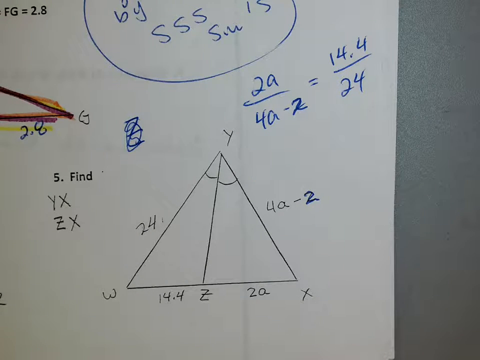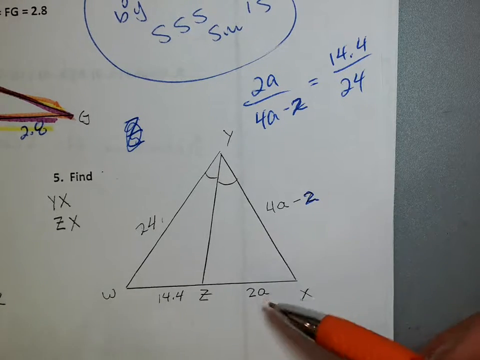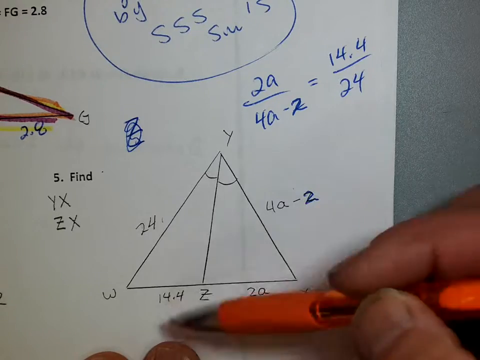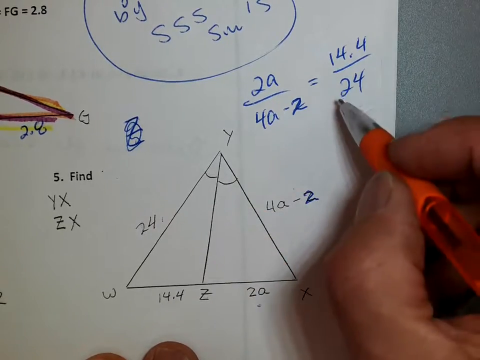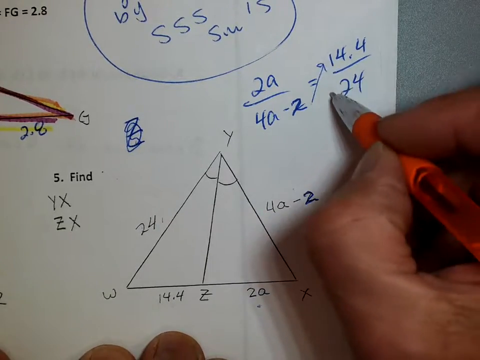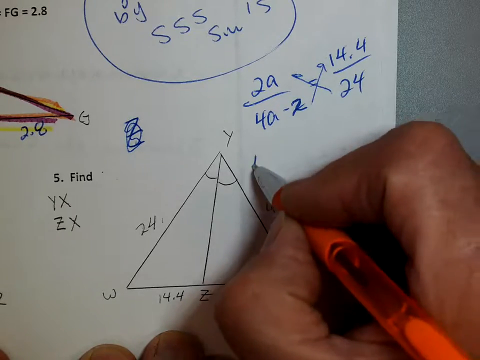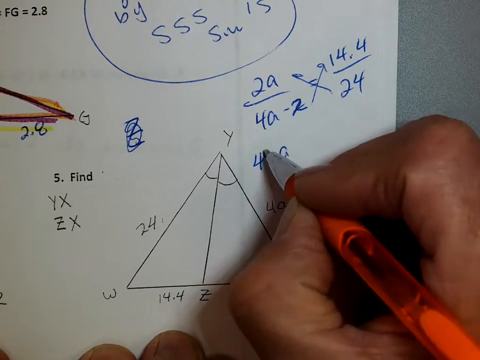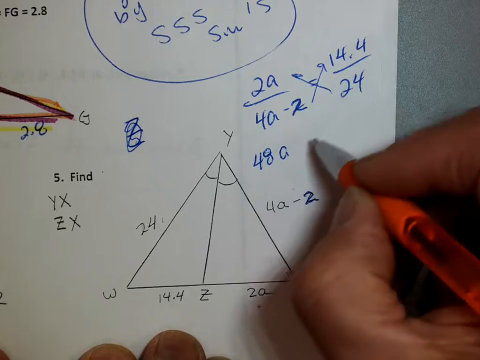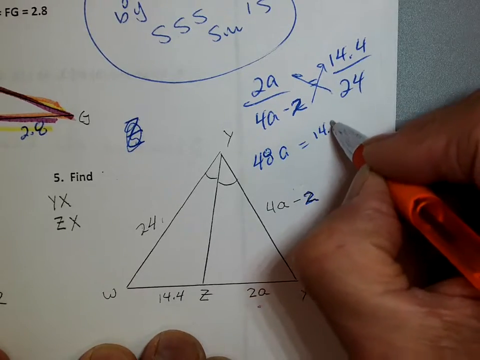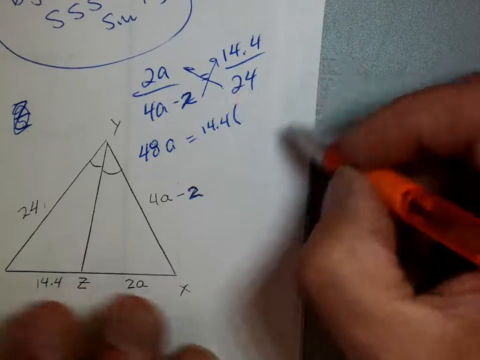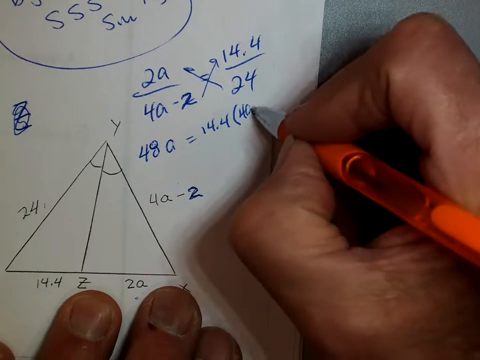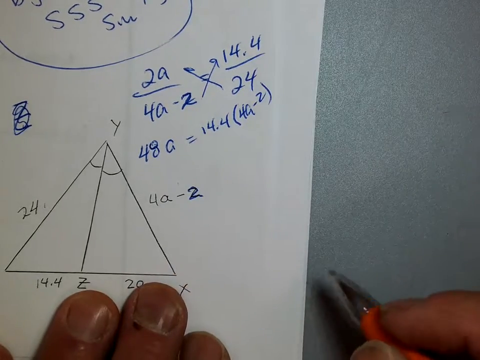Okay, so this side goes to this side as this side goes to this side. Cross multiply, right? That times that times that. So I get 48a equals 14.4 times, ooh, got to squeeze this in, 4a minus 2.